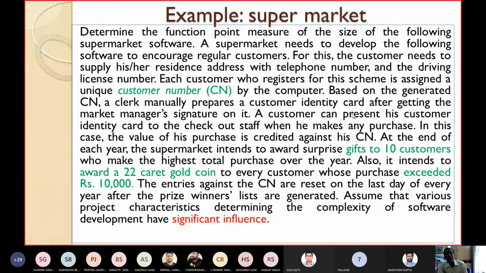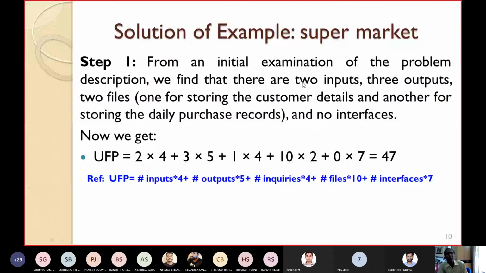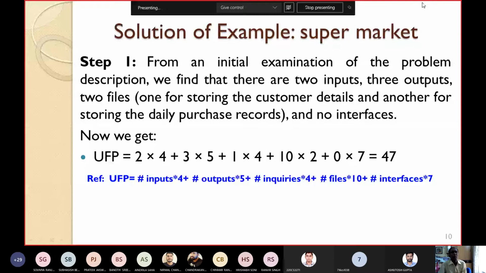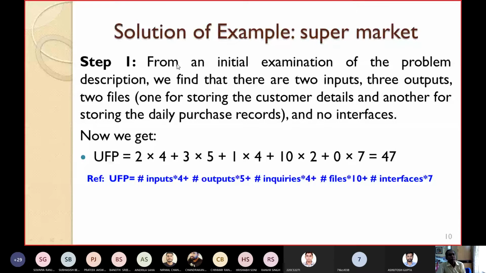Basically, if you analyze, you have to find out how many inputs there are, how many outputs, how many inquiries, how many interfaces, and how many files. Then you can apply the formula. From an initial examination of the problem description in the SRS document, we find that there are only 2 inputs. Okay, what are the 2 inputs?